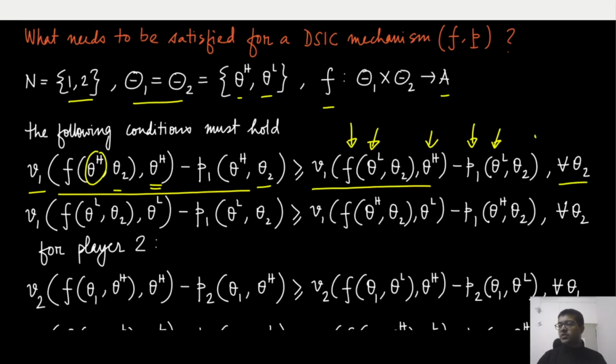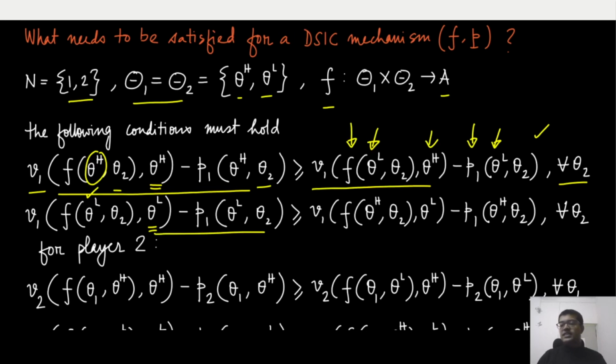So essentially this inequality has two inequalities in it. One is for theta 2 being equal to theta of H. The other one is theta 2 being equal to theta of L. Now you can apply the same thing when player 1 actually has a true type, which is theta of L, which is theta of low. In that case, the truthful report is theta of L, and that will be on the left hand side.